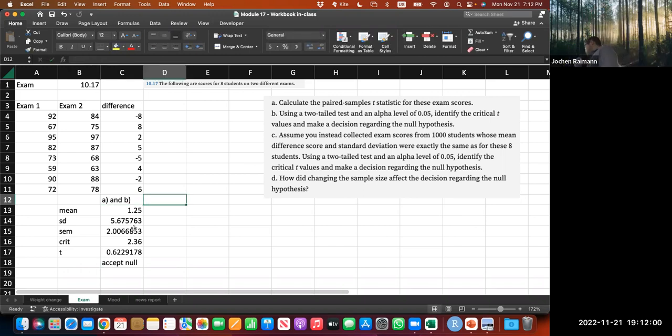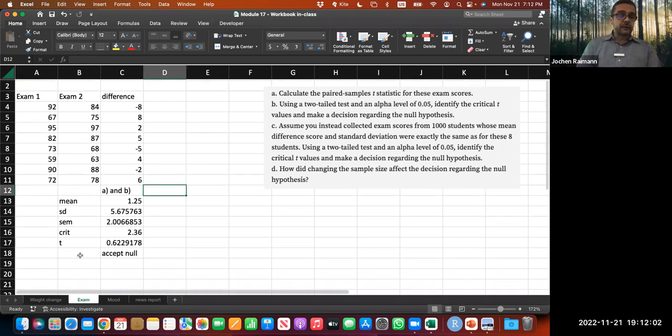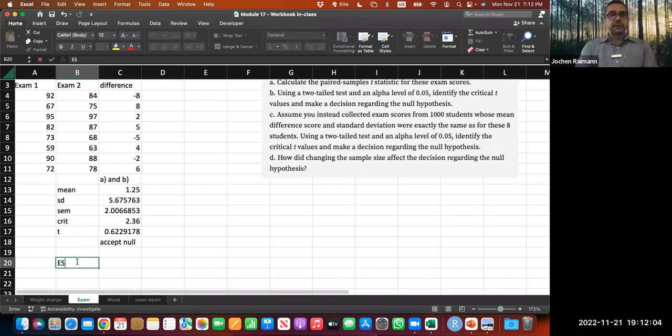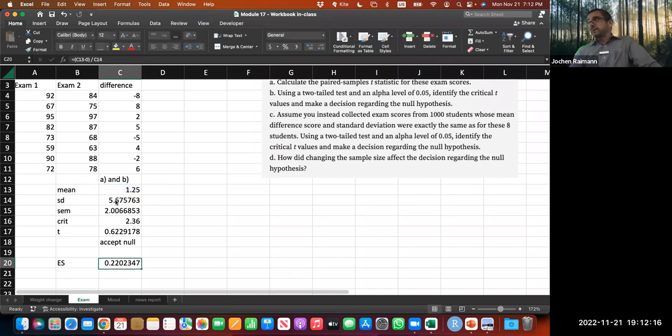Now we also have an effect size to calculate, which is again this mean minus 0 divided by the standard deviation rather than the standard error of the mean. So we have here an effect size of 0.22, which we know is a small effect size. 0.2 to 0.5, 0.5 to 0.8, and greater than 0.8 are the categories as per Cohen's definitions.